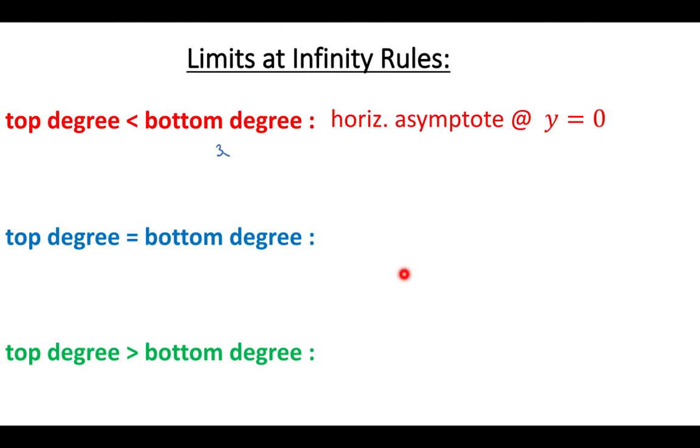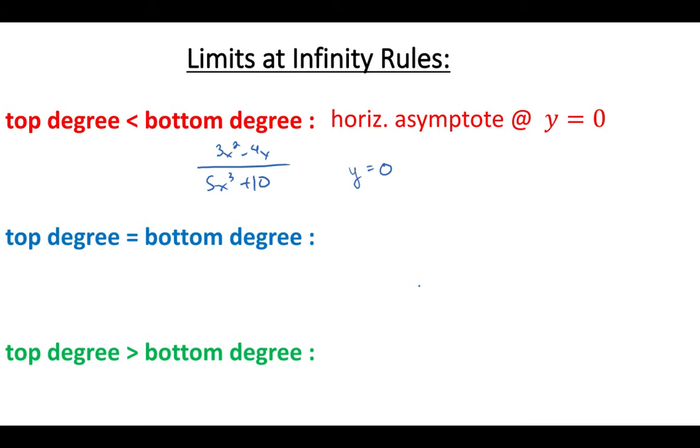So let's say we have 3x squared minus 4x over 5x cubed plus 10. So the top degree is less than the bottom degree, which means we have a horizontal asymptote at y equals 0 because the bottom grows faster, takes the overall equation to 0.